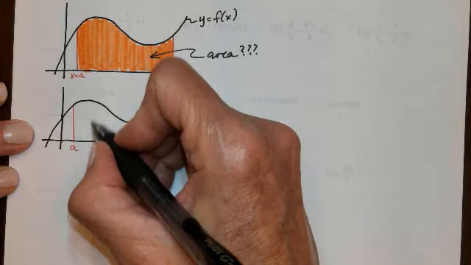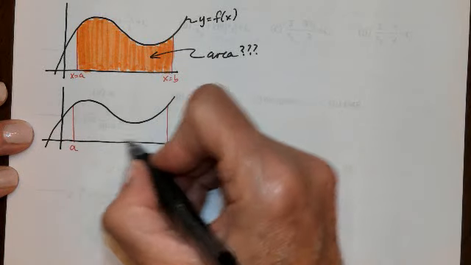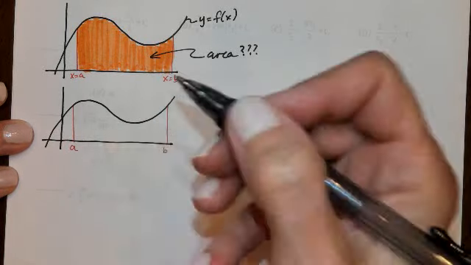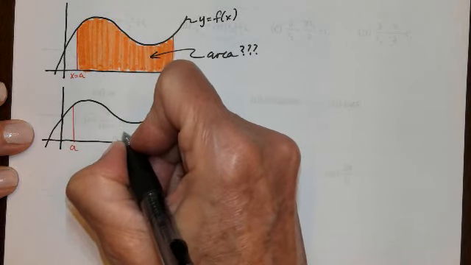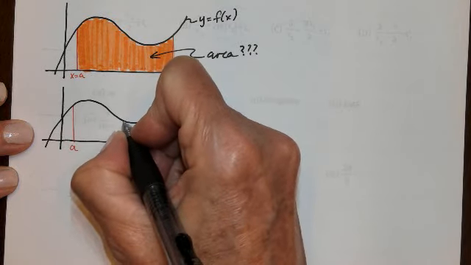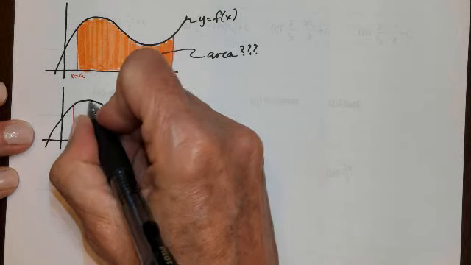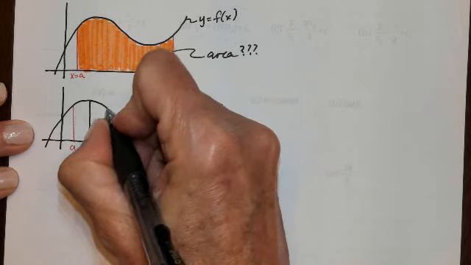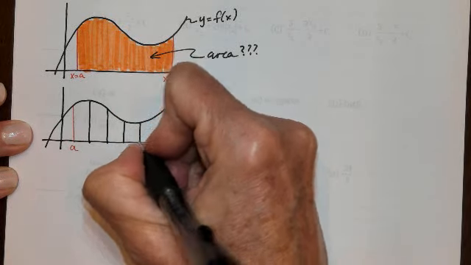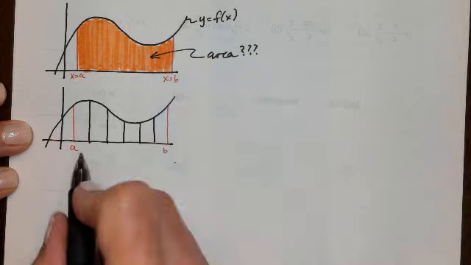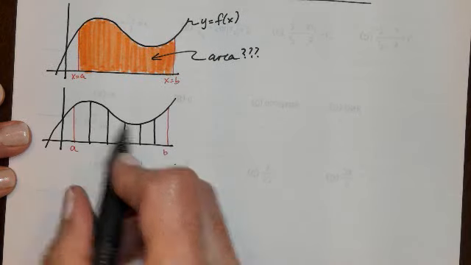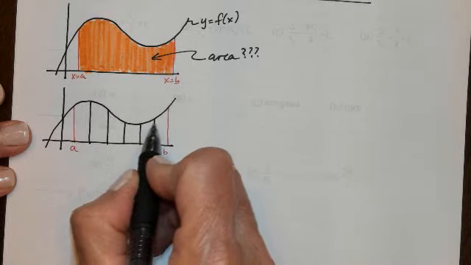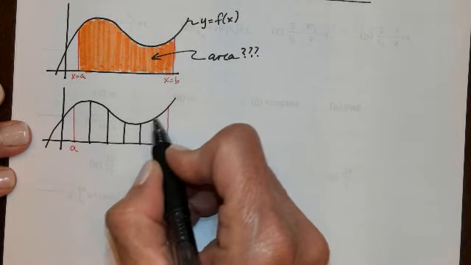What if I split this up into like 5 rectangles? Maybe I'll split it up into 6 rectangles. So I split it up into 6 sub-intervals, okay? But right now, each of these is not a rectangle because the top is not flat, right?